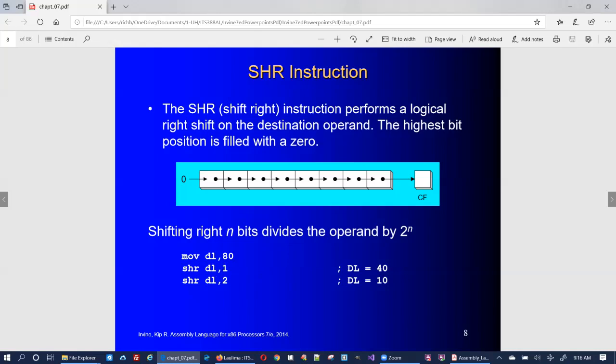So here's an example where we're moving the value 80 decimal into DL, and we shift right 1, and that's like dividing by 2. If we shift right 2 more times, it's like dividing that by 4, and so the result is going to be 10.